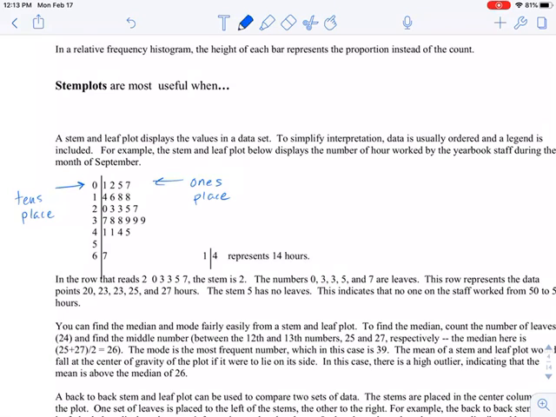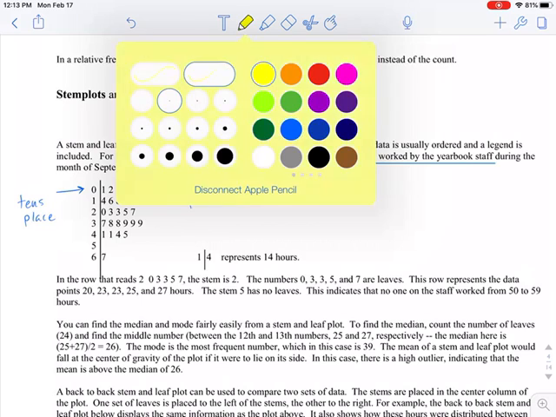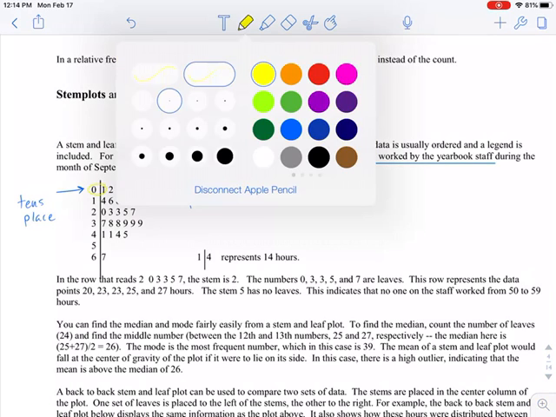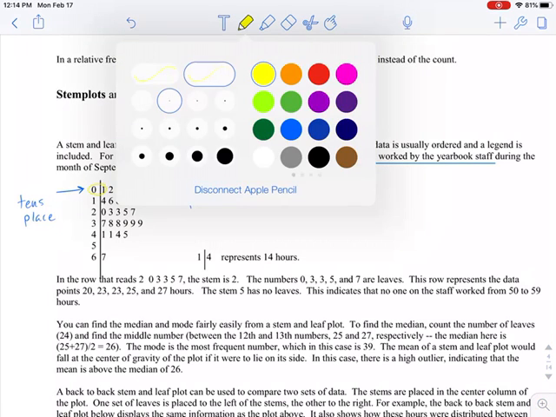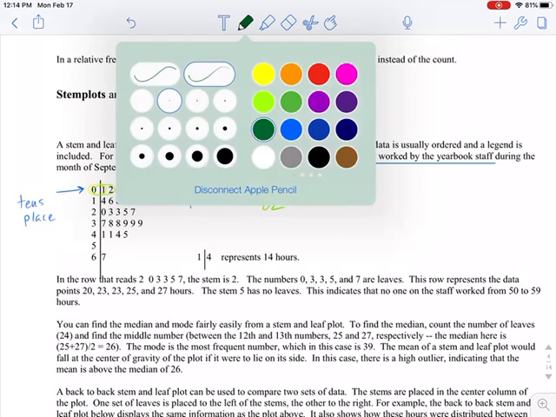So here what I have is a stem and leaf plot. It's already created, and it's the number of hours worked by the yearbook staff during the month of September. So when I read this, I'm going to use yellow here. When I look at this data point, 01, that would be somebody that worked 1 hour. And this data point, 02, that's somebody that worked 2 hours.